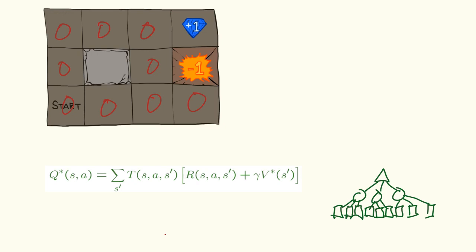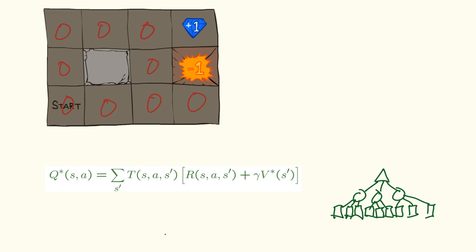So where should we begin? Well, we could begin over here at the start, but we notice in the equation, of course, there's no reward anywhere near this action in the start, and the neighbors have no value in them either. So this is going to end up being all 0, and we're just going to end up with a 0. And that's the same for these states as well, because none of these states are next to a state with value or next to something that provides a reward.